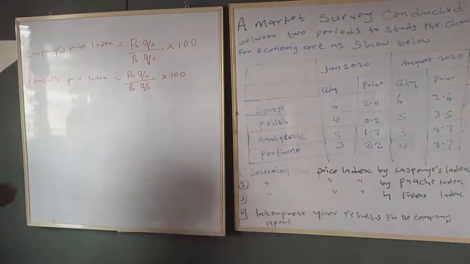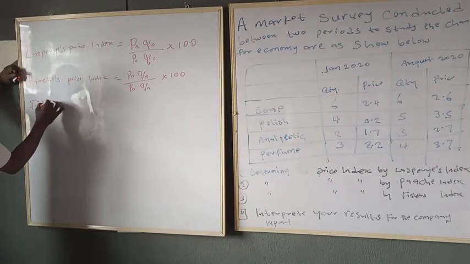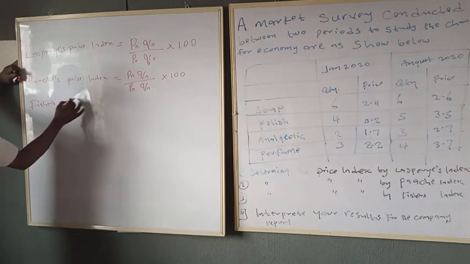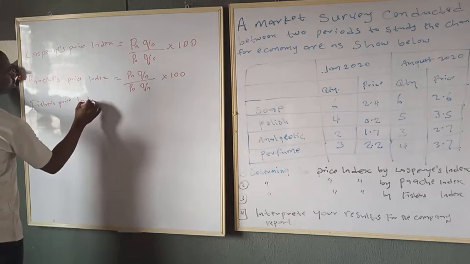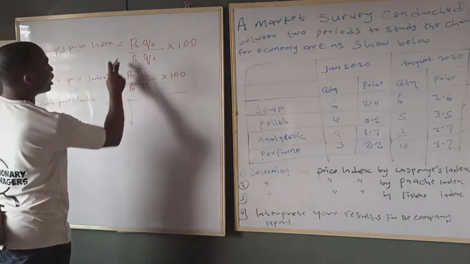Then Fisher's price index is the square root of Laspeyres and Paasche.